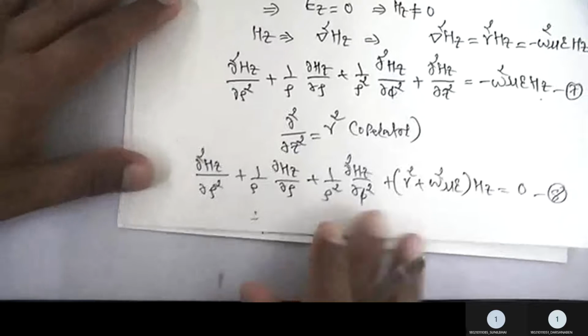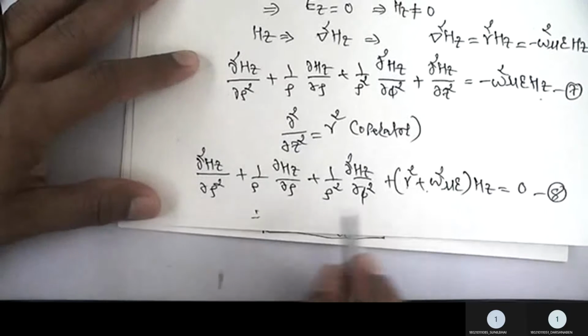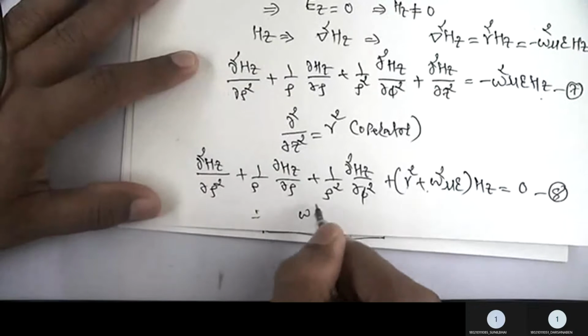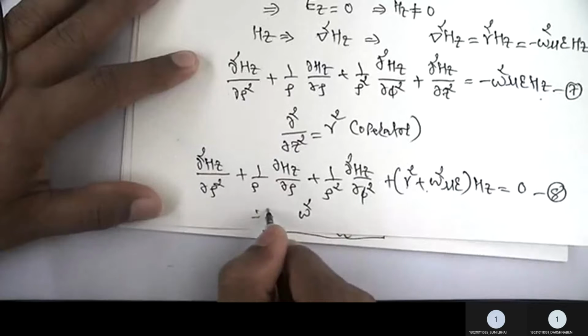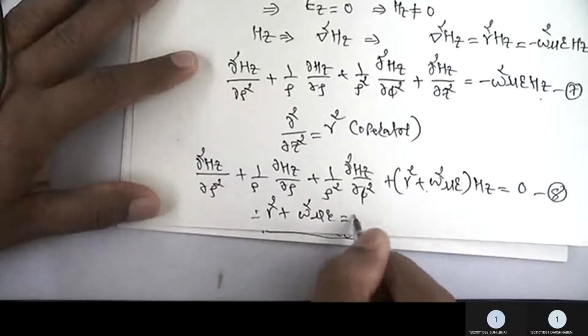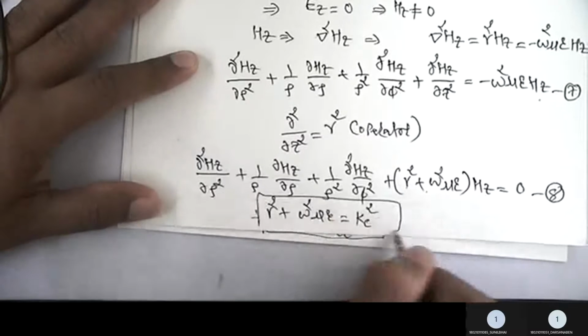Now all of you are aware that this gamma square plus omega square mu epsilon is nothing but our cutoff wave number. So I can directly express that gamma square plus omega square mu epsilon is kc square.